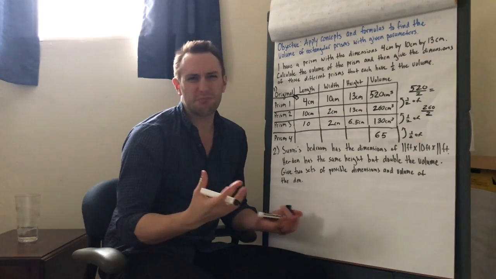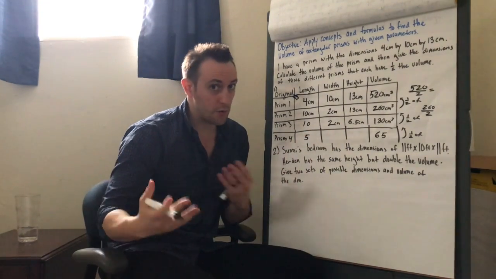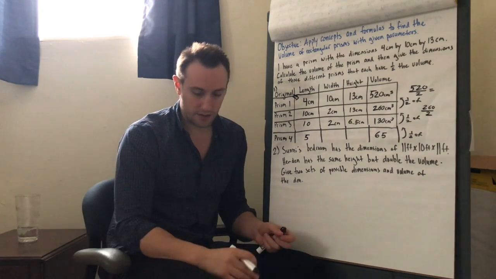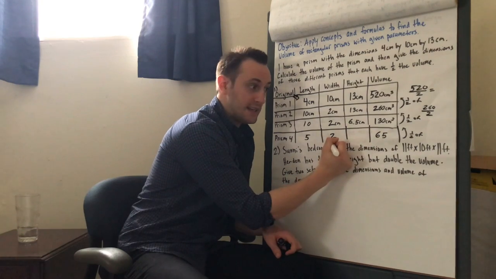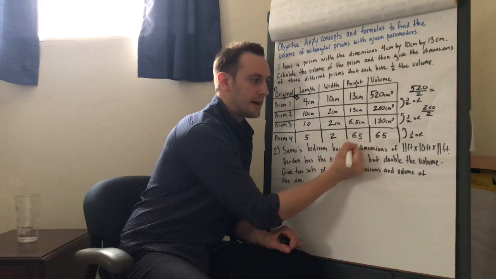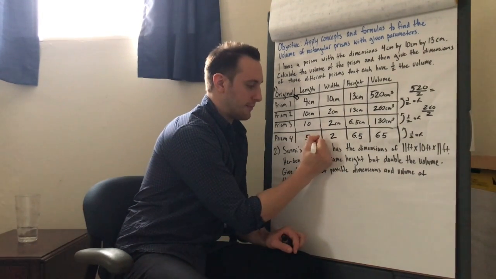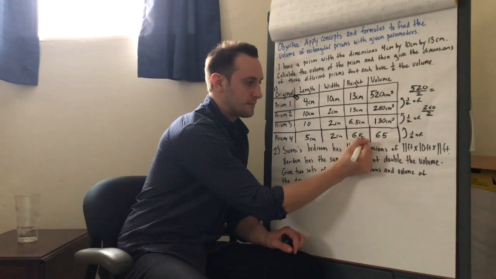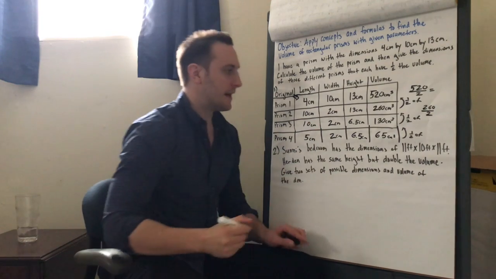I see 65. I picked 5. There's really no rhyme or reason to this; whatever numbers you picked work. 5 times 2 is 10. So 10 times what number gives me 65? 6 and 5 tenths. Let me label them. And there you have it.